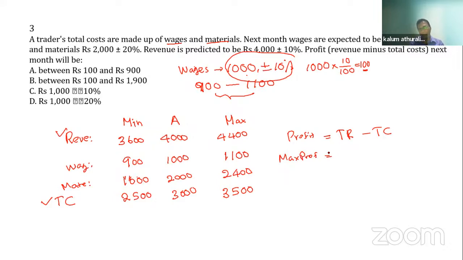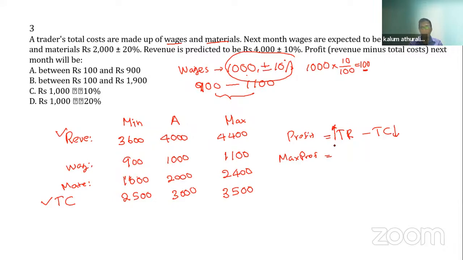How to find the maximum profit? We can increase it by this. That means the maximum value of TR. We can get the maximum revenue and minimum cost. Profit should be maximized. Revenue should be increased, cost should be minimized.